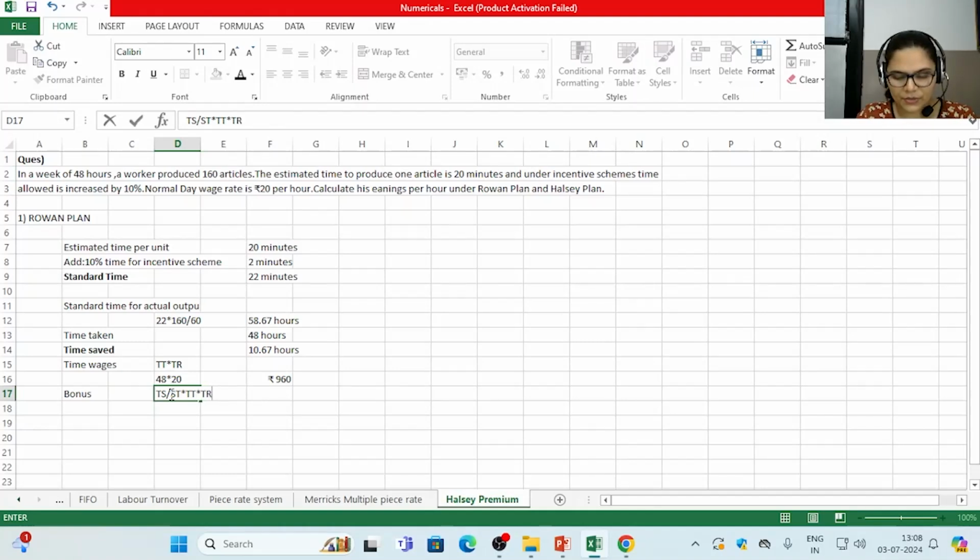And you will be arriving at a figure in which time saved, we all know, is 10.67 hours, divided by standard time, which we have already calculated in the question.